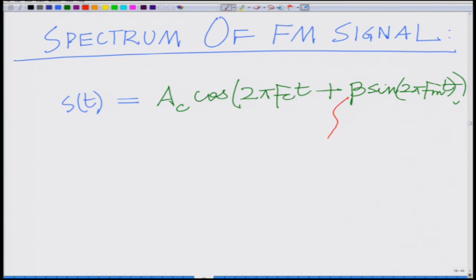We have seen this before, beta is the modulation index.